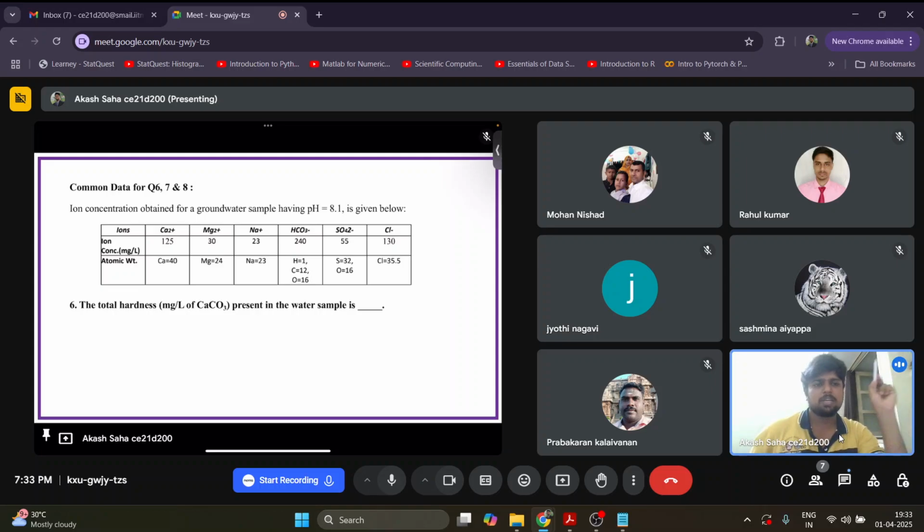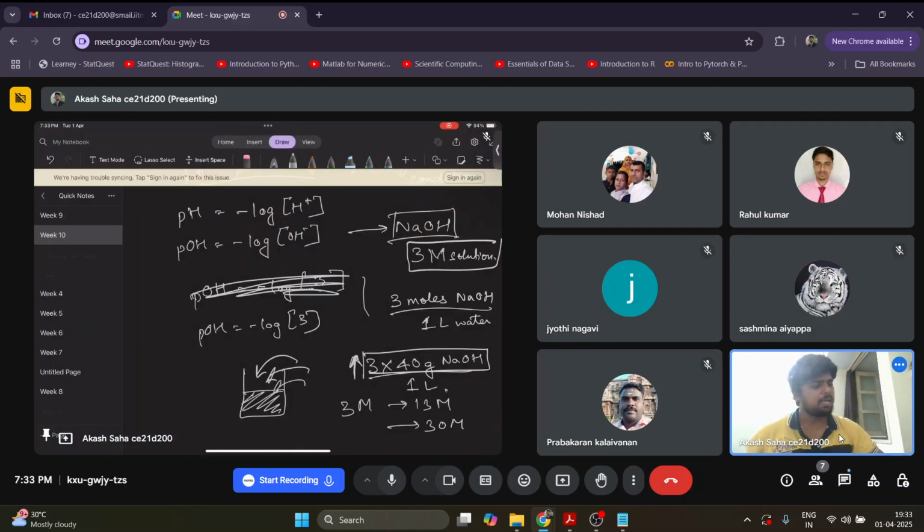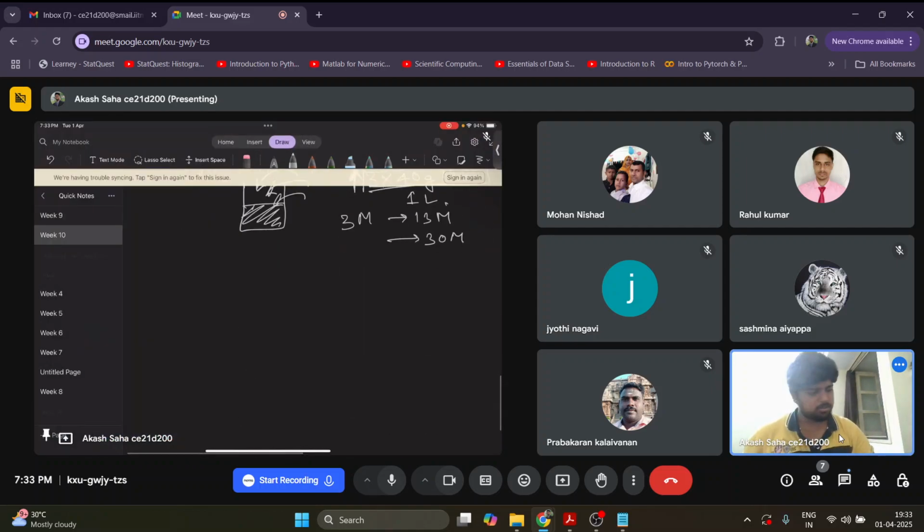Hardness, bicarbonate hardness, non-carbonate hardness, alkalinity, lime soda ash requirement, anything related to water softening, we will first convert into milligram per liter as CaCO3. First we will make that table and then we will see what is asked in the question. This is for the next 6, 7 and 8th questions.